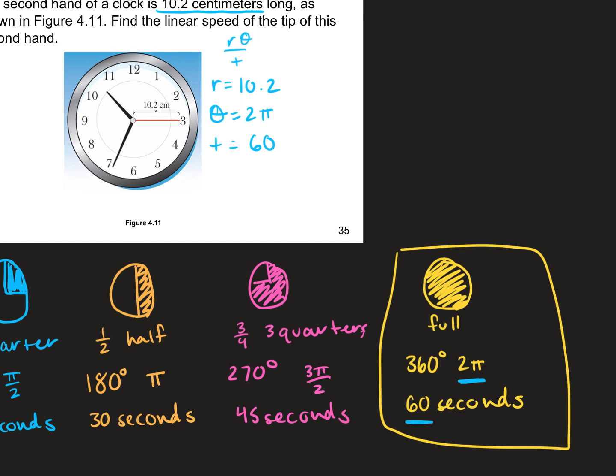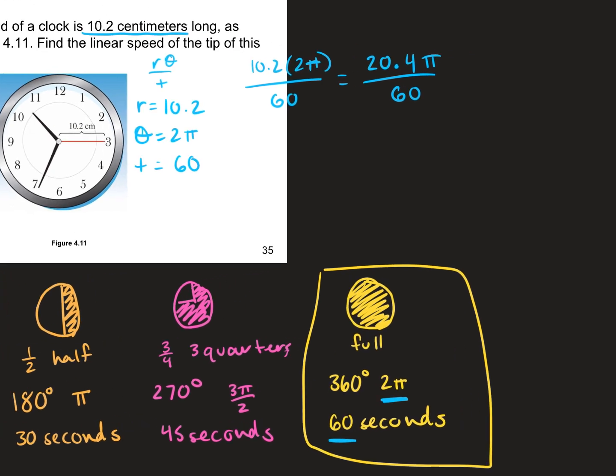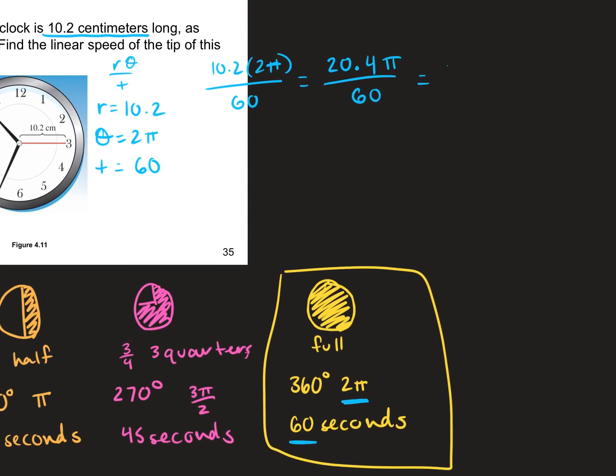So let's plug this all in. I would have 10.2 times 2 pi over 60. When we multiply the top together, it'd be 20.4 times pi over 60. When we put it in the calculator, it's about 1.068.